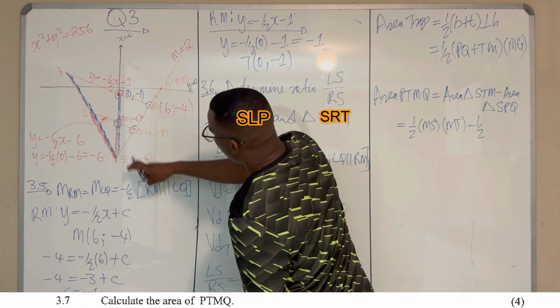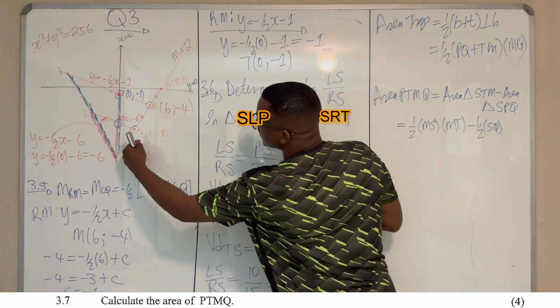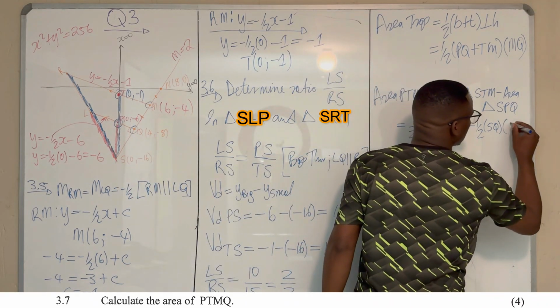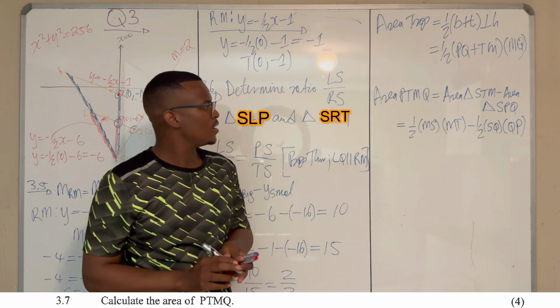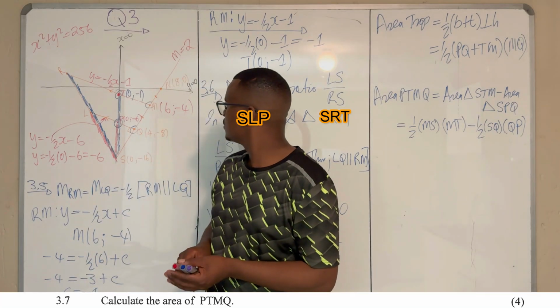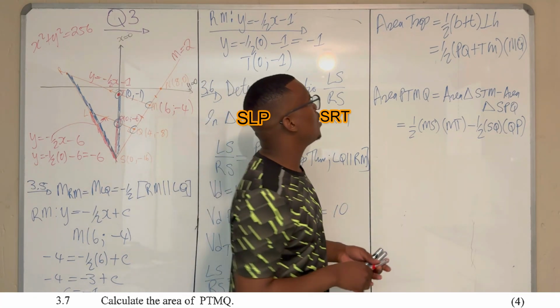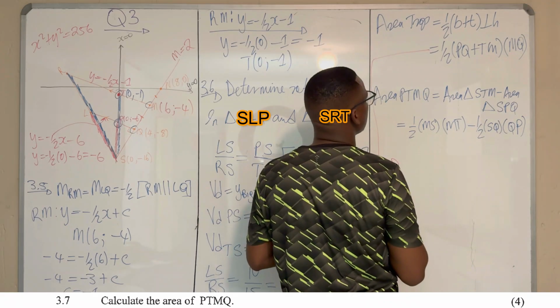Half of what? Of SQ times the perpendicular height, which is QP. So this one should also work as well, right? No problem. So I'm going to use this shorter formula here.